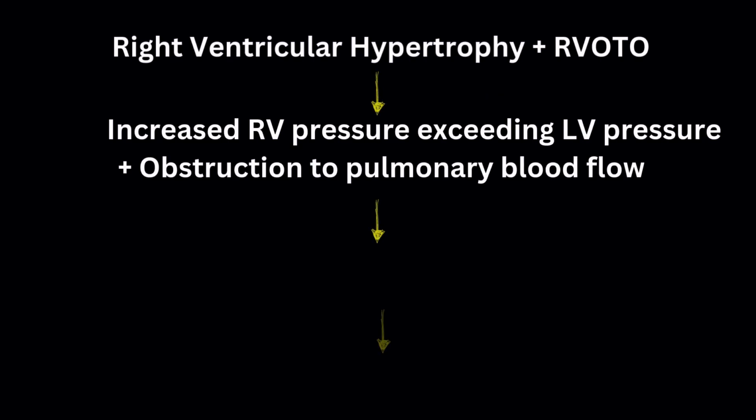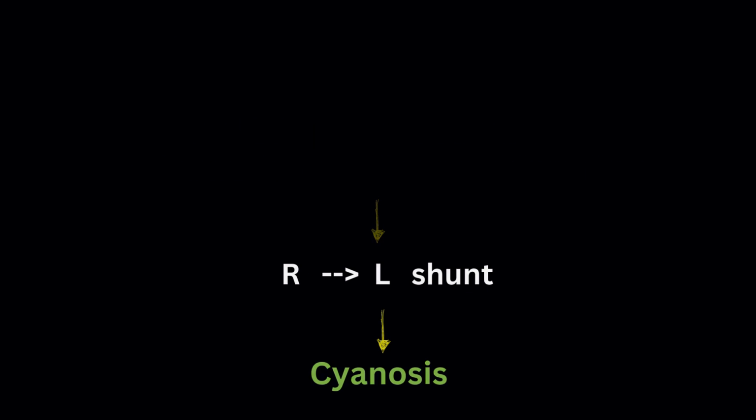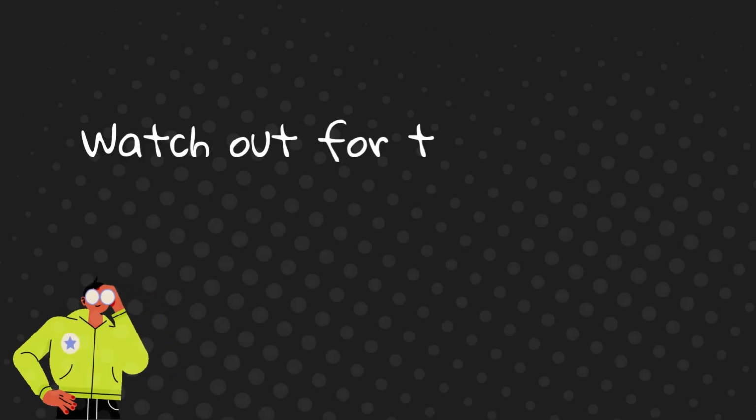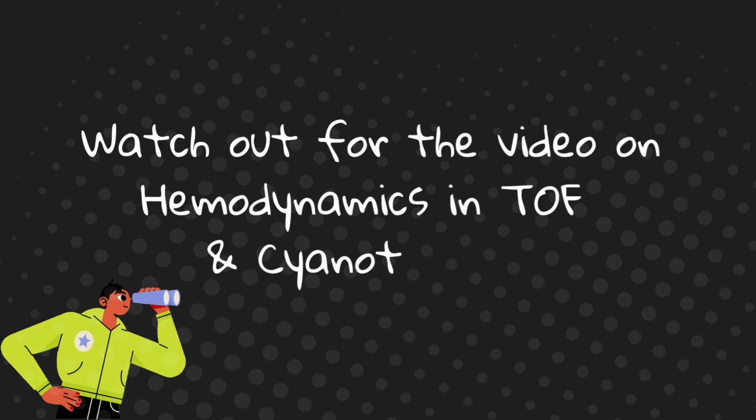The hypertrophy of the right ventricle leads to increased pressure in the right ventricle, which at a point of time exceeds the pressure in the left ventricle, which leads to shunting of the blood from the right ventricle into the left ventricle through the VSD. This right to left shunt along with RVOT obstruction lead to cyanosis, which is progressive in nature as the child grows. Hope this video has cleared your concepts about the basic underlying pathology in tetralogy of Fallot.